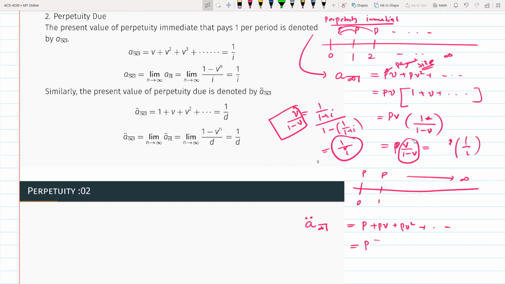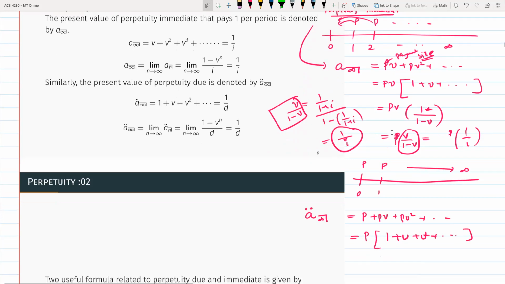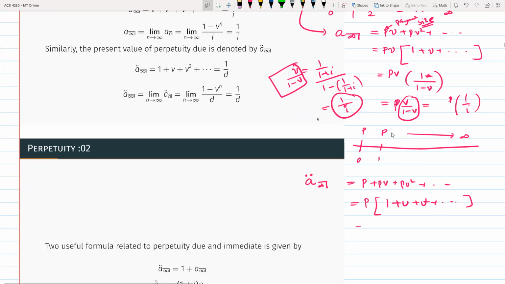So you can take P as common factor, 1 plus v plus v square, and then this one would be again 1 over (1 minus v). In the previous one, you had extra v here, but here you don't have v, so it's just P. So then this is going to be 1 over (1 minus v), which is 1 over d.